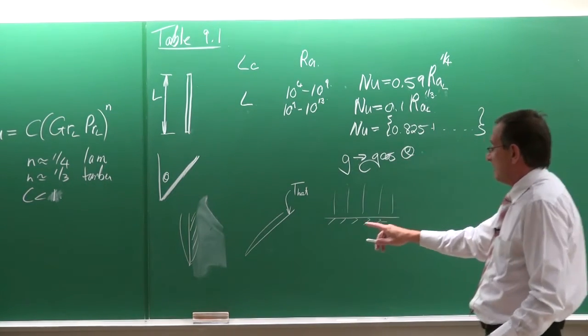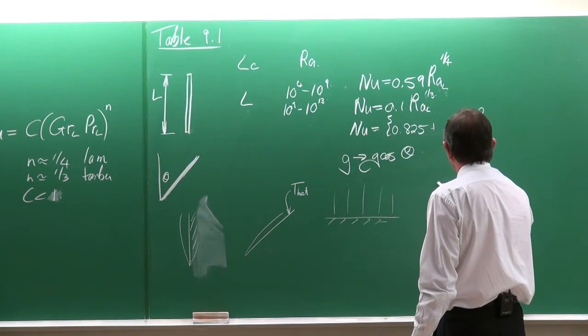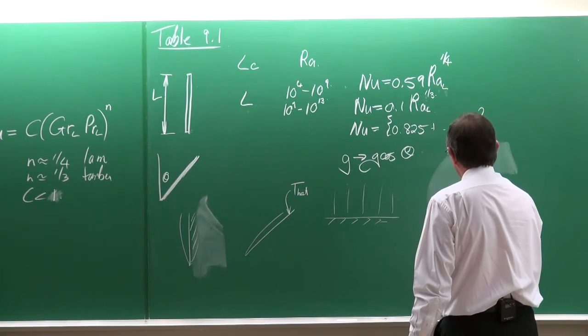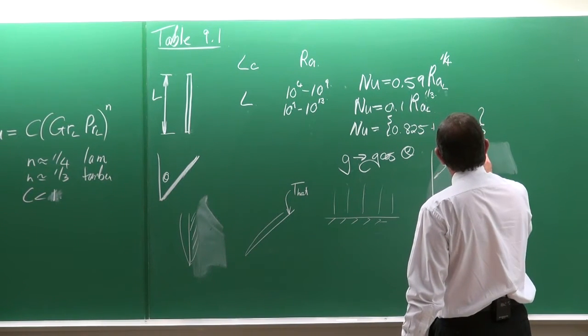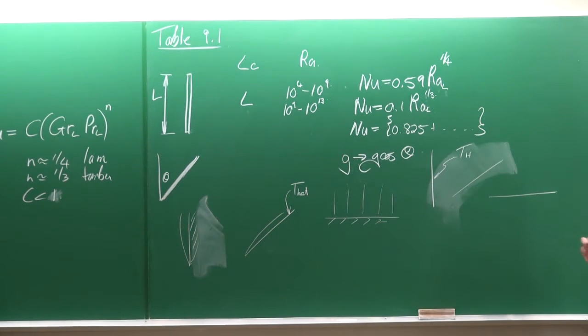But let's suppose the hot side was at the bottom. So that is now the hot side, T hot. And now we start doing that. So the hot side is at the bottom.